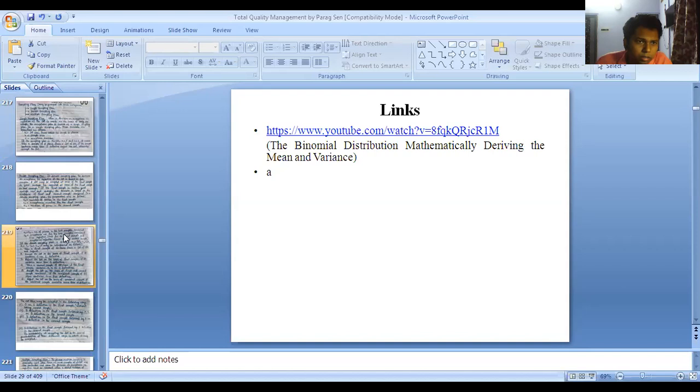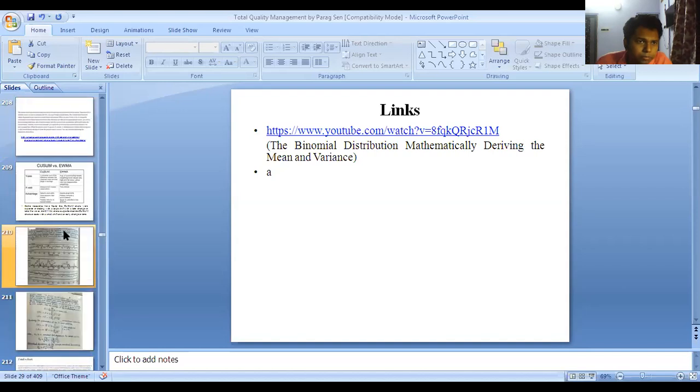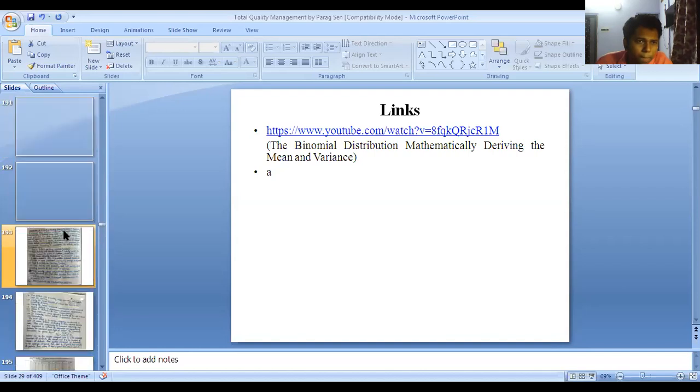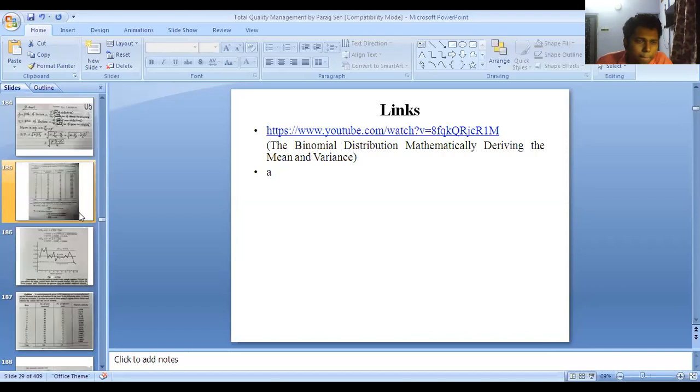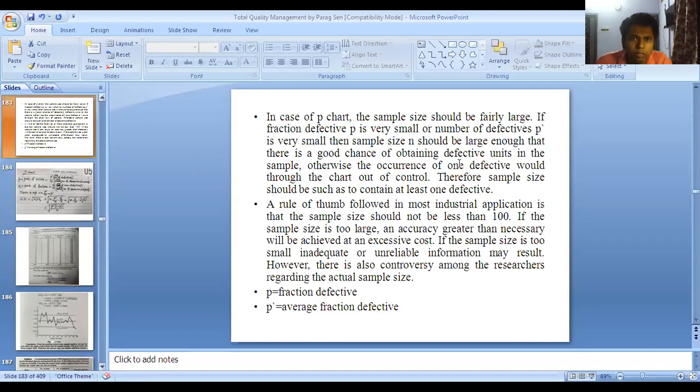Another important thing is how to determine the sample size. In case of a P chart, the sample size should be fairly large.